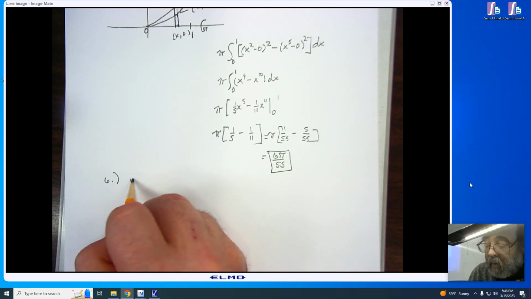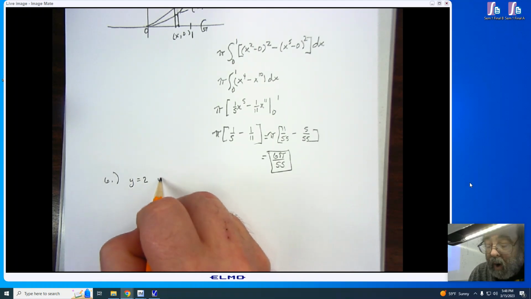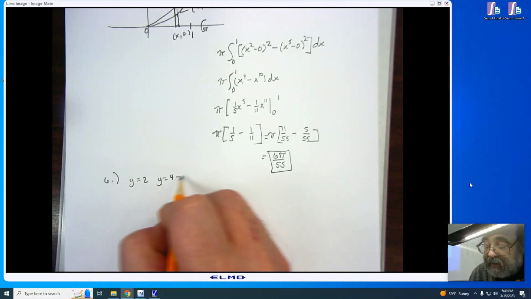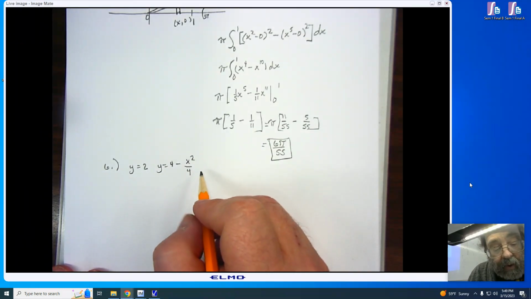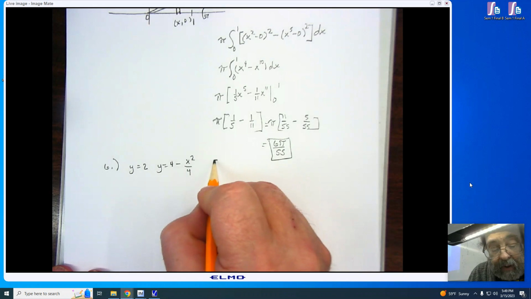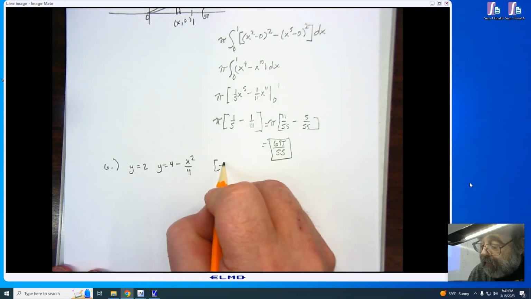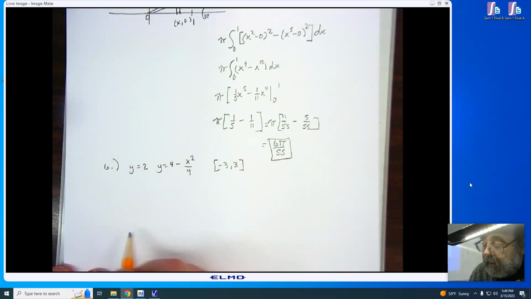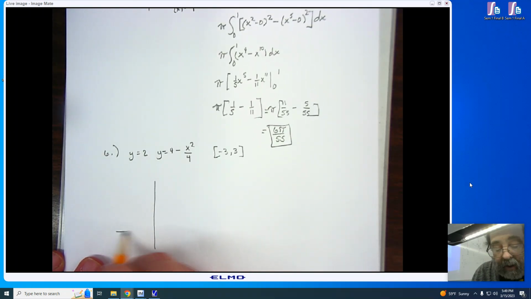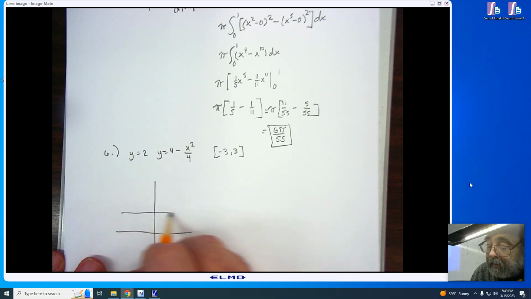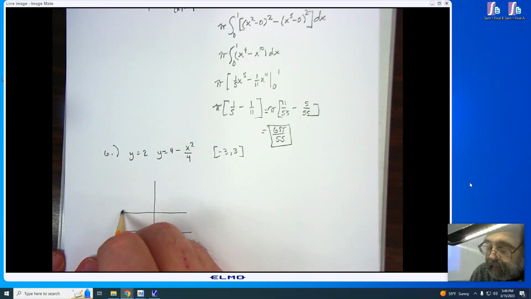Number 6 gives me y equals 2, y equals 4 minus x squared over 4, and we're looking at our intersections of negative 3 to 3. So when we draw our graph, let's just go ahead and take a look. There's y equals 2.